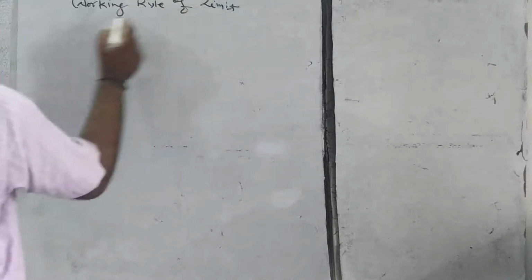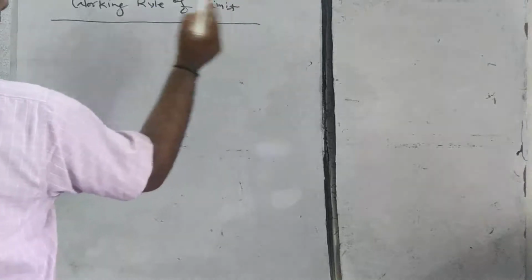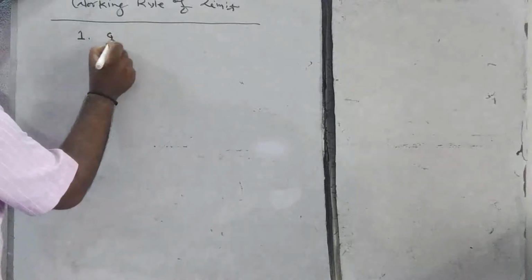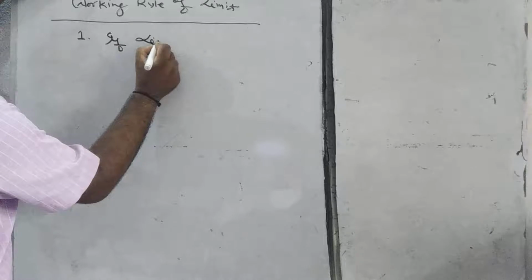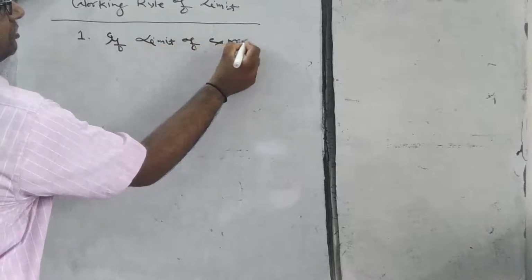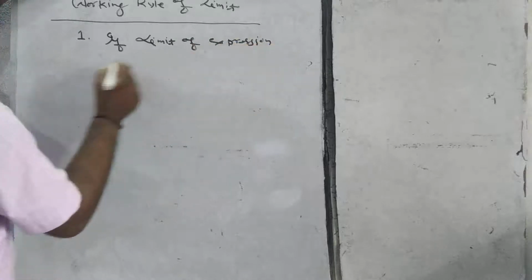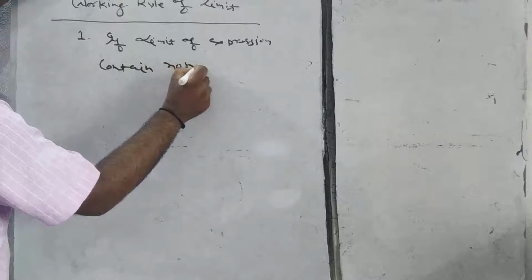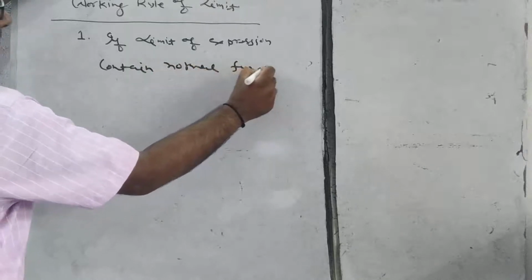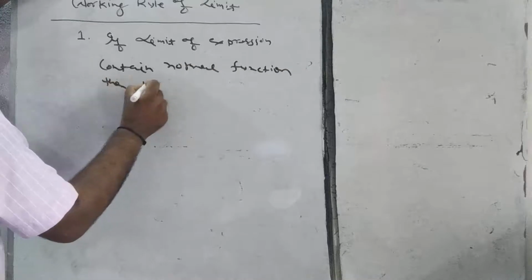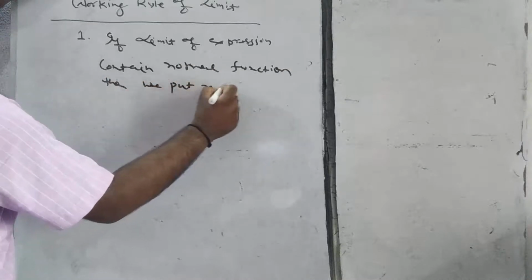Rule of limit. First, if the limit of an expression contains a normal function, then we put x equal to a.